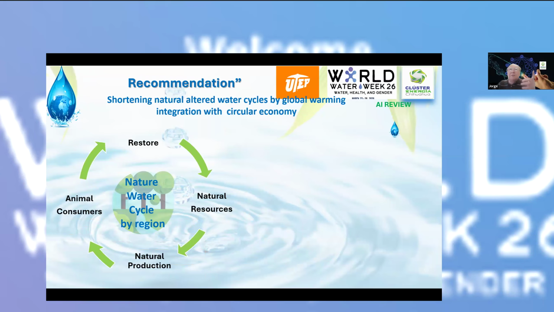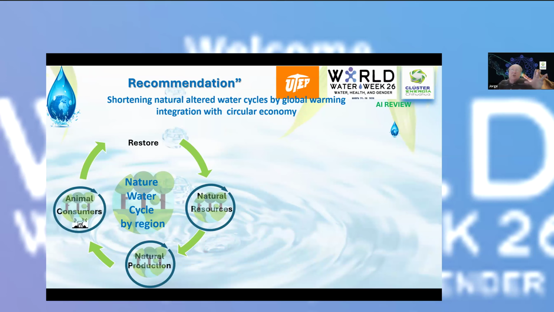Okay, a recommendation: we need to shorten the natural altered water cycle that right now is increased by global warming. How can we achieve it? Okay, we need to use circular economy, as everybody knows. We need to take care of the natural resources. Everything is a circle. That means now we have a tool to implement. We have a tool to measure. We have to increase the natural production of what we need.